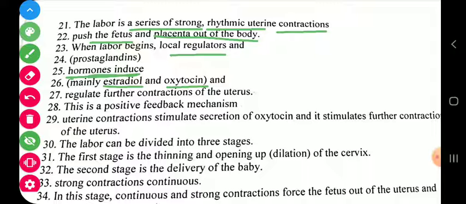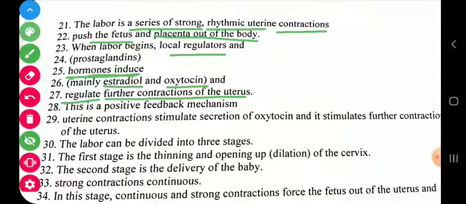So once again, when labor begins, local regulators and hormones induce and regulate further contractions of the uterus. Don't get confused, that's one sentence.